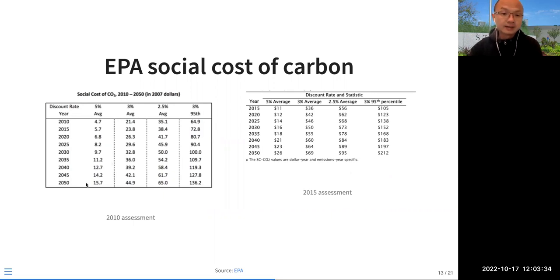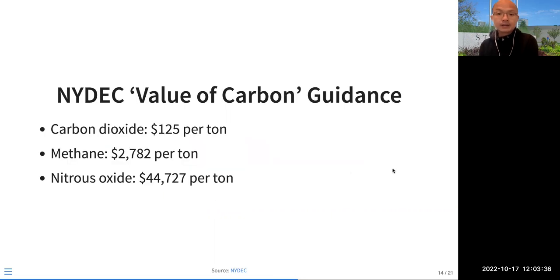2050 is much higher. And we can compare that to the New York Department of Environmental Conservation, which also introduced a value of carbon, with a much higher number, about $125 per ton. And you may ask why.